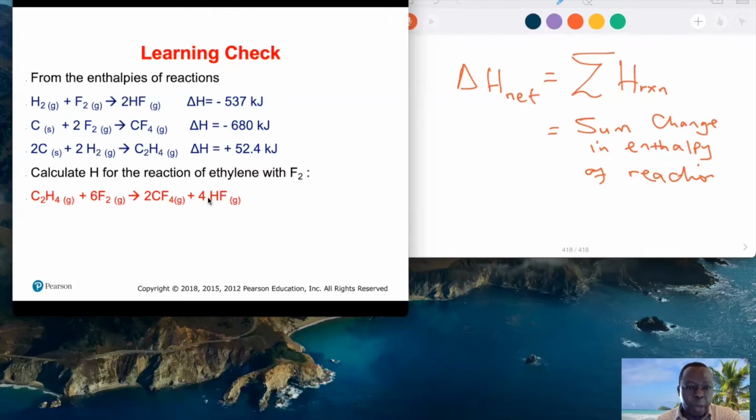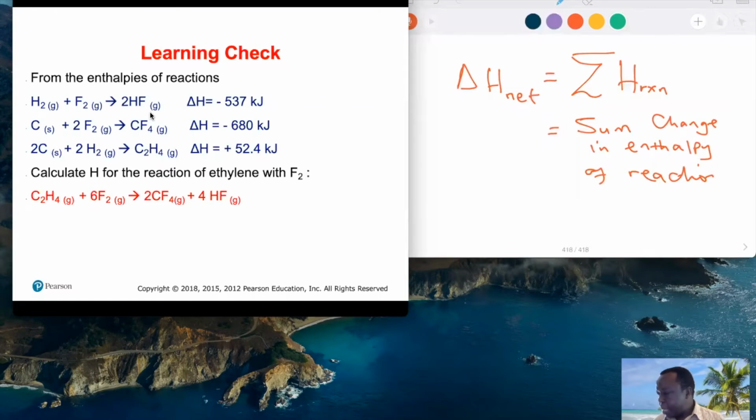If I multiply by 2, I'll end up with 4 moles of hydrogen fluoride. By the way, when you multiply, it is not only that individual species in the equation, it is the entire equation. So we'll need to multiply equation 1 by 2.